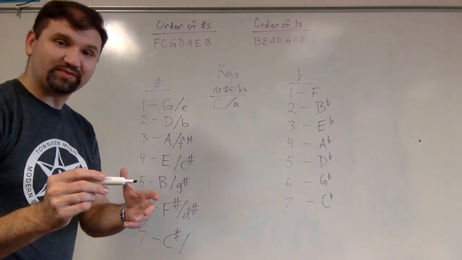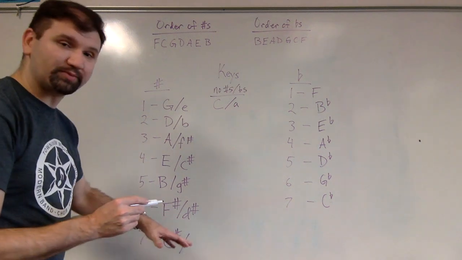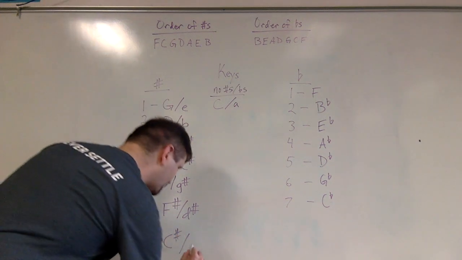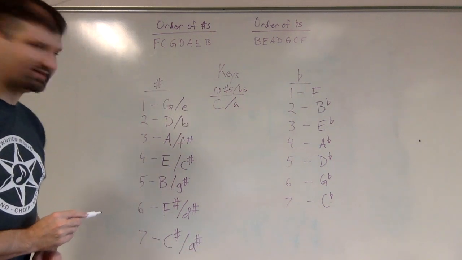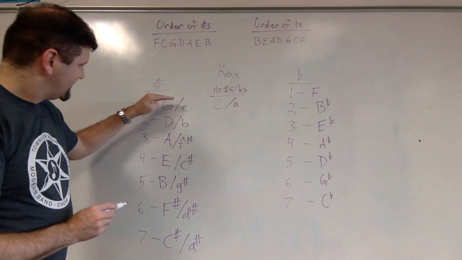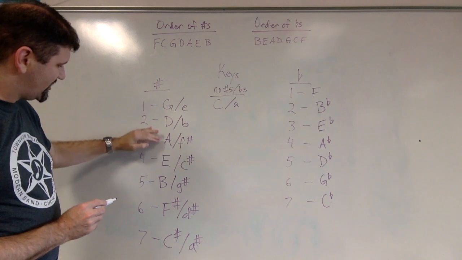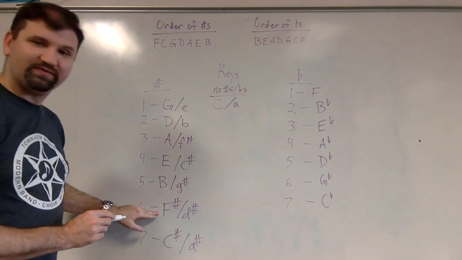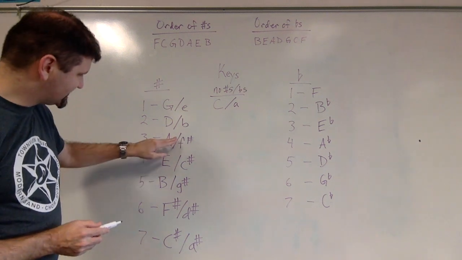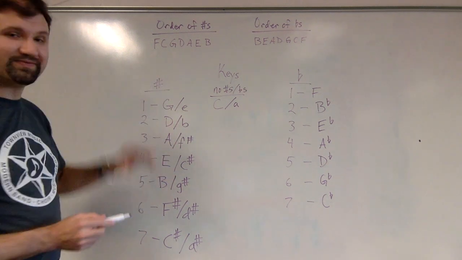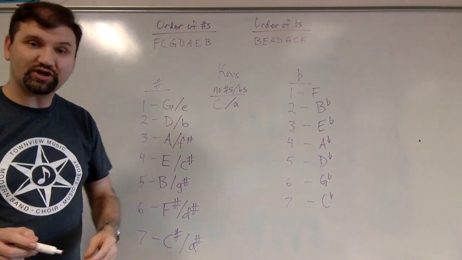And from D sharp, if we count up to the 5th note, we get A sharp. So you'll notice, in this case, we were going along, and once we got to F, then all the rest of them started to get sharps. And the same story here. Why? Because F is our 1st sharp.